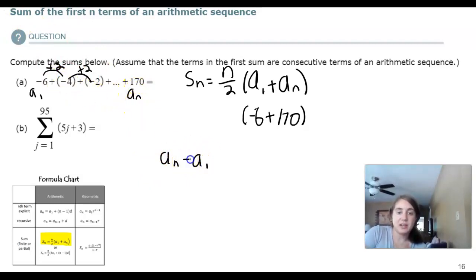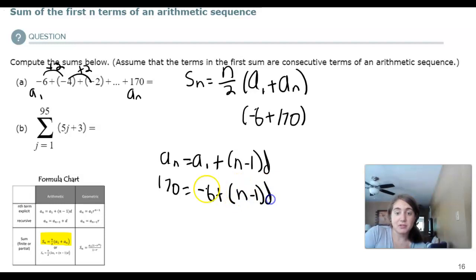I need to know what N that is. So I know that AN is 170. N is what I don't know, but I know everything else. So I can go ahead and find that. Oh, sorry, my D is 2.